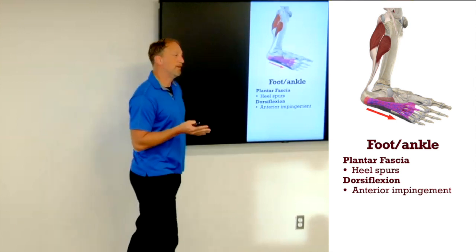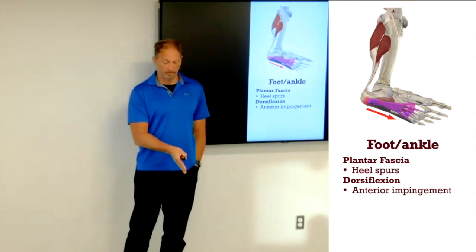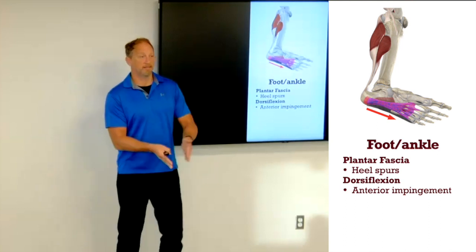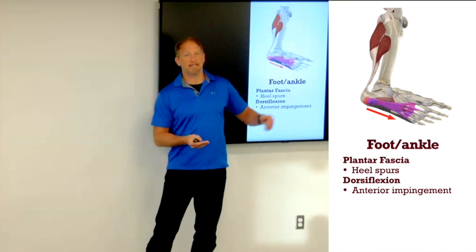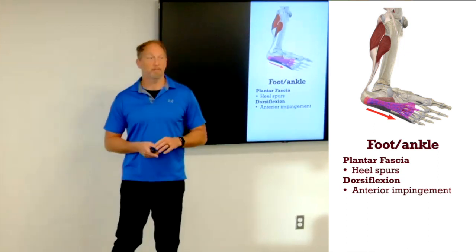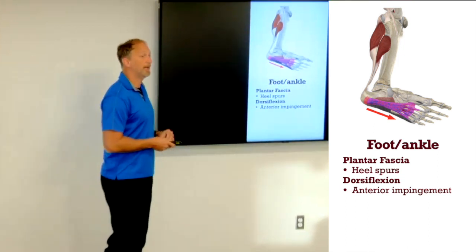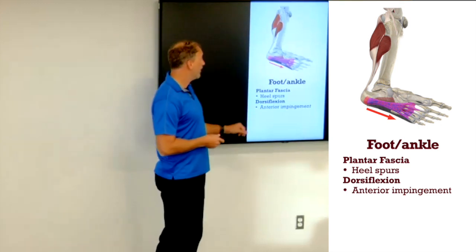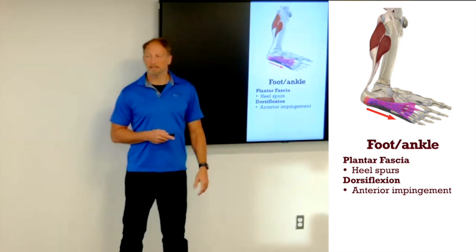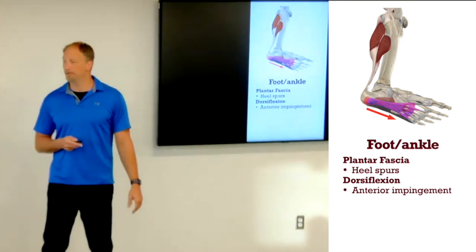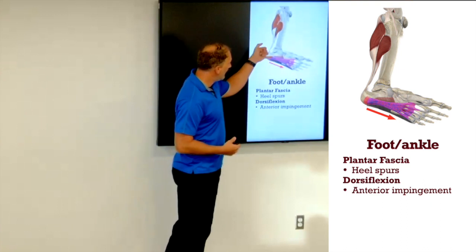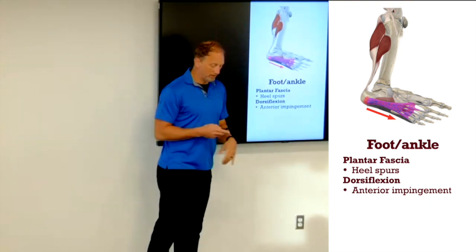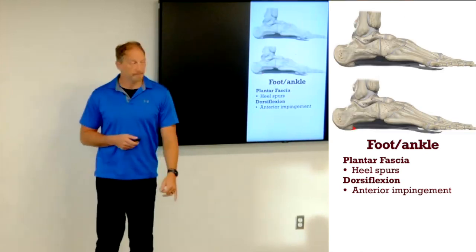But we have to understand, if I'm having a conversation about heel spurs, if that's the starting point, this started 8 weeks ago, because it takes about 8 weeks for us to get that bony formation at minimum to where it's going to be problematic. So we have to consider everything going on with this. What ends up happening is you have a very similar situation to what causes that calcaneus to be driven forward, but now the weak area is where that calcaneus and that plantar fascia are interacting with each other.